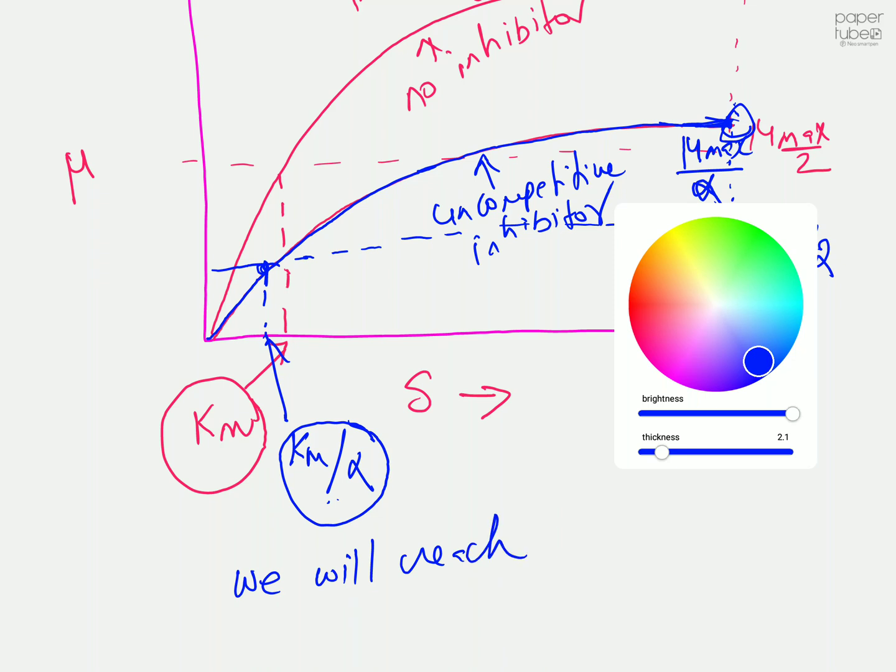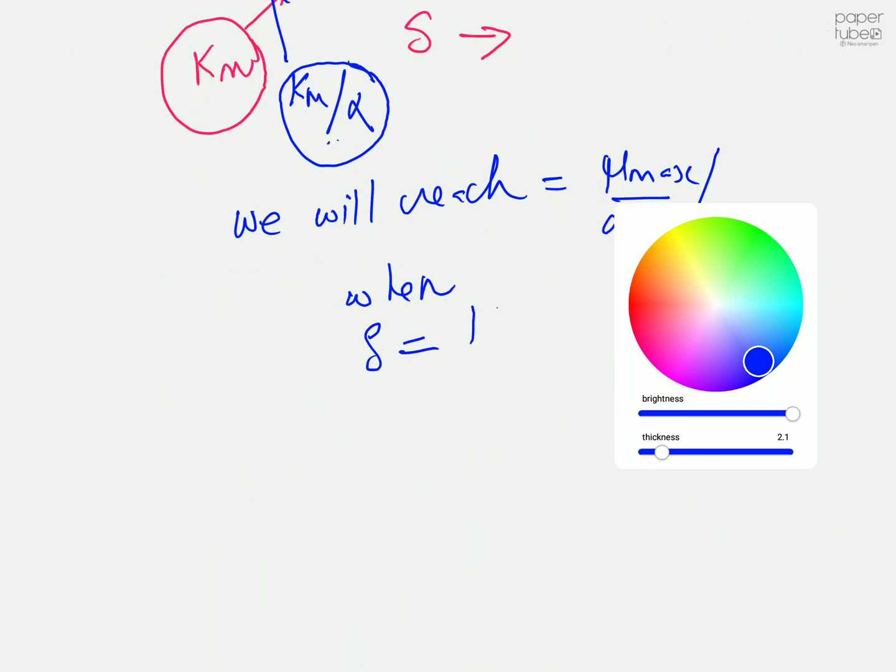That's how we have to interpret uncompetitive inhibition.